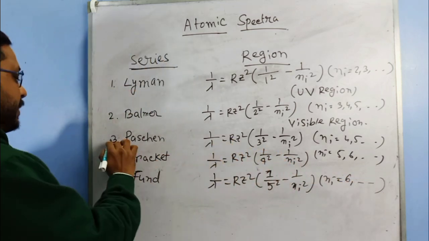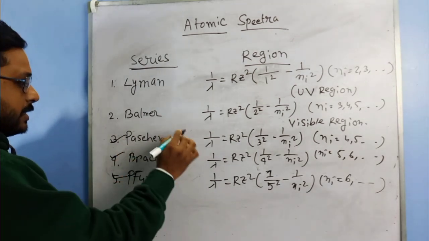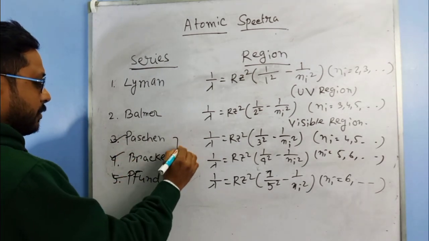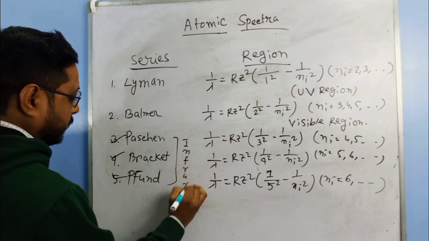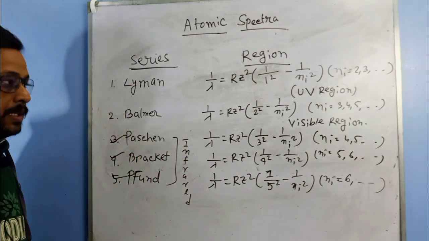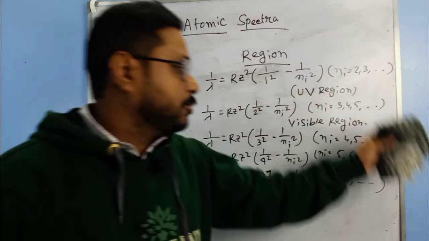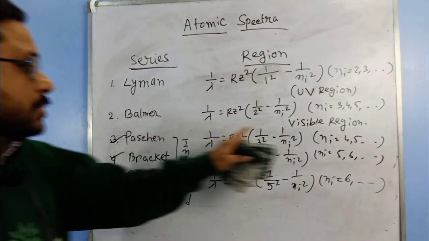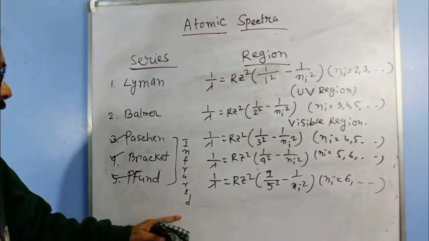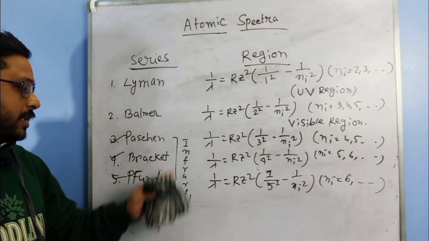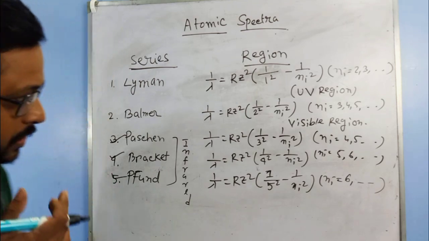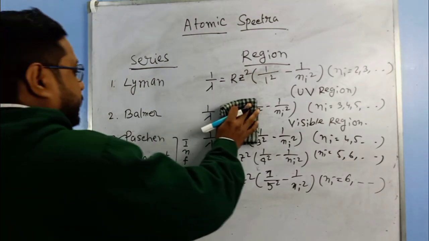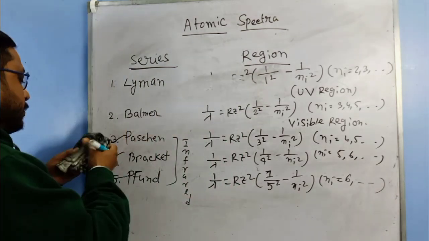These three regions, that is Paschen, Brackett and Pfund, fall into the infrared region. So, Lyman series falls into UV region, Balmer series falls into visible region, and these three series will fall in infrared region. So, if we draw the energy level diagram, what we get?